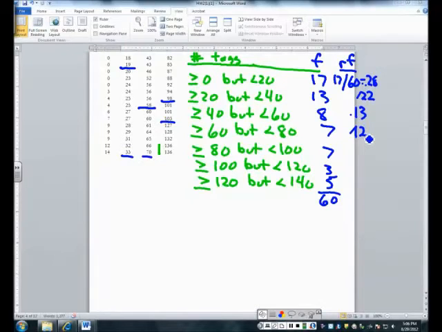Let me see if I can get that a little neater. There's the same thing here. Then 3 divided by 60, 0.05.